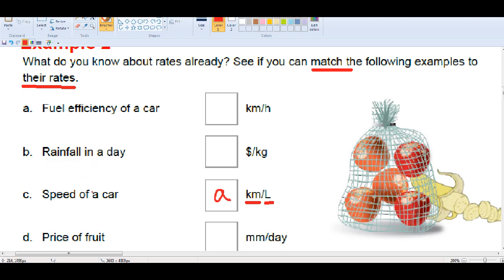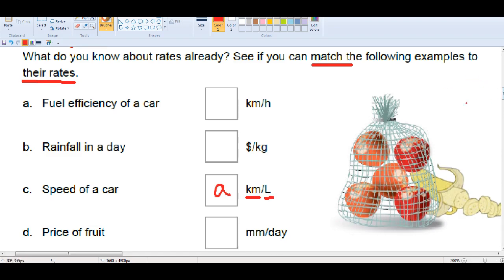Rainfall. Possibly when you watch the TV weather forecast, you know that when we describe rainfall we use millimeters, right? And also we are talking about daily rainfall. So it should be millimeter per day. It's a rate, and it is used to describe the daily rainfall. And speed of the car. We have done this a few times.